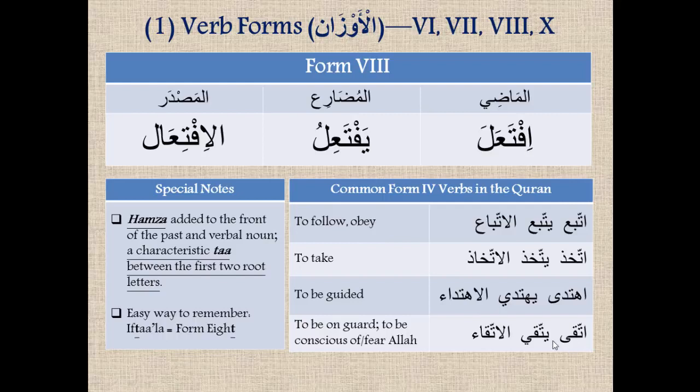So when the first radical of the verb is a ta or a hamza or a waw, we have to use a shadda in Form 8. This is a transformation dictated by phonetics, so we won't go into the details, but what you want to do is pay attention for a shadda that comes in the front of the verb, a shadda on top of a ta. That is a telltale sign of a Form 8 verb.